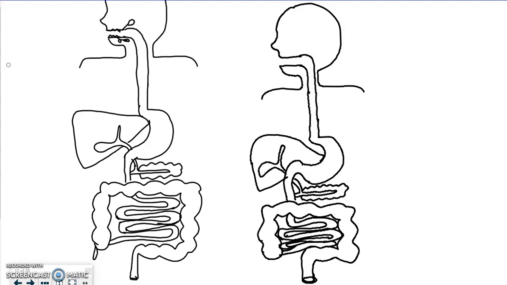Continuing back to attach to the bottom part of the large intestine right here. We'll add this little structure, which is the appendix.